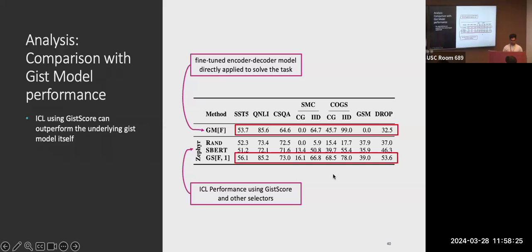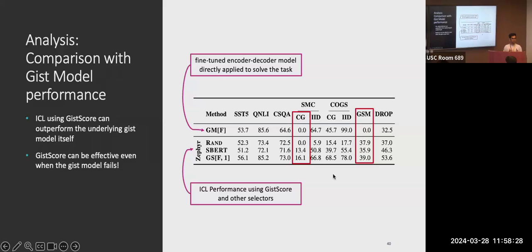More importantly, there are some tasks that are just impossible or really hard for a fine-tuned model, like compositional generalization, which has been very well studied to be really hard for fine-tuned models, or even GSM-8K, like chain of thought reasoning, which is an emergent capability. A small language model may not be able to do it and completely fails with zero accuracy, but it is still able to improve the performance of ICL. So 39 is more than standard encoders, 16 with 13. In some way, it's combining the strengths of fine-tuning and ICL.